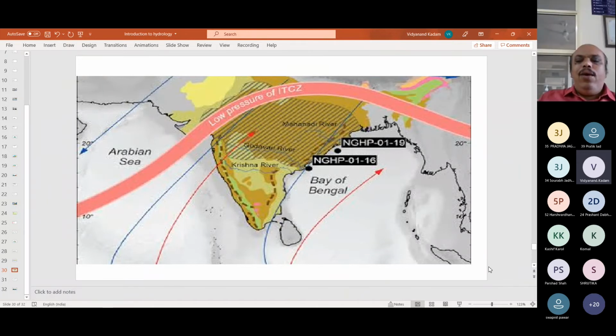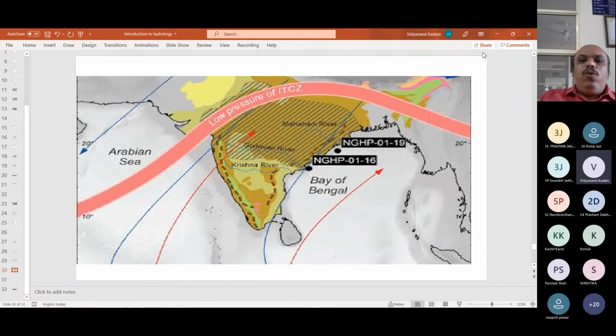This journey of the Indian monsoon wind continues for the next 4 months: June, July, August, September. Due to these winds, precipitation takes place, and this precipitation is called the monsoon. It is the Indian monsoon, the onset Indian monsoon, the southwest monsoon.